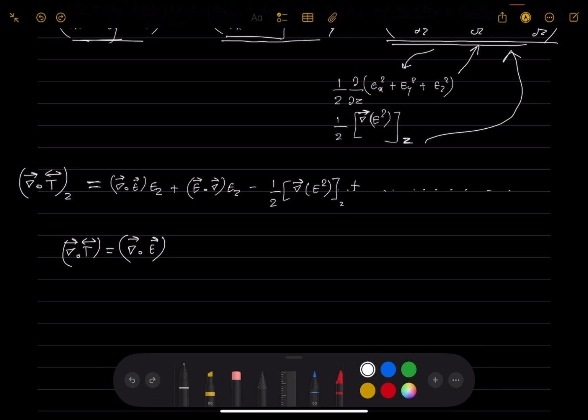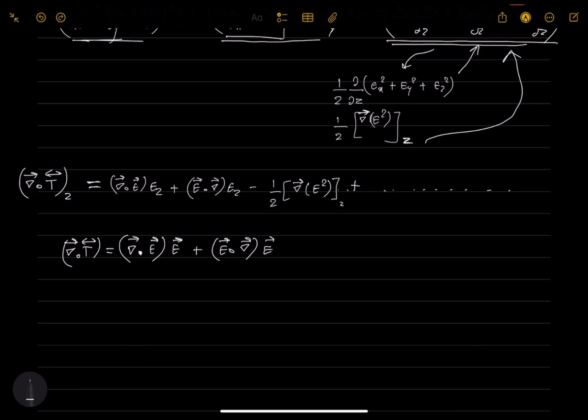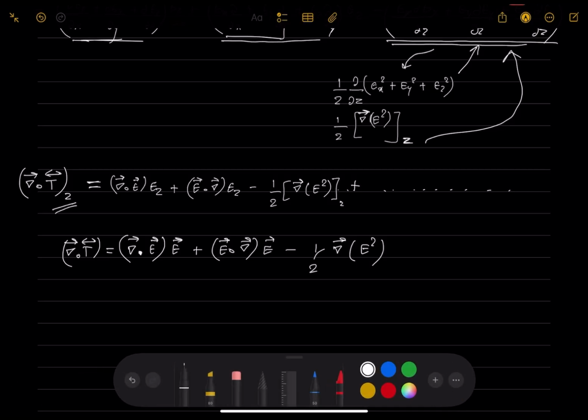It's del dot E, which is the divergence of E, times E, if we generalize for the whole vector, plus E dot del times E again. Note that these are not the same things. Minus half of the entire gradient of E squared, taken with the Z component for the Z component of the divergence, the Y component for the Y component of the divergence, and so on.